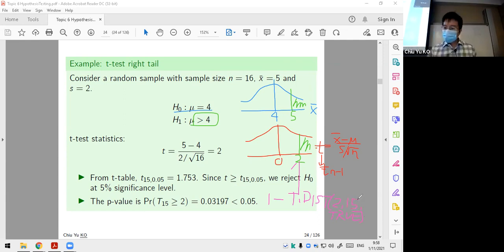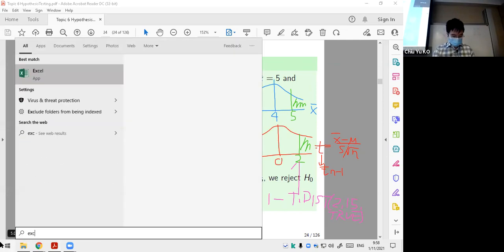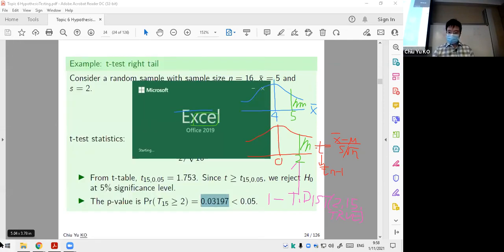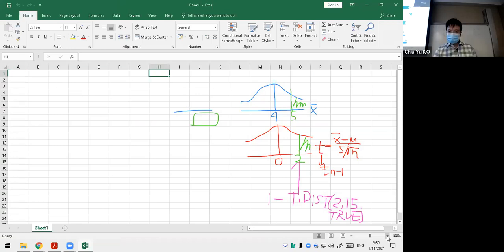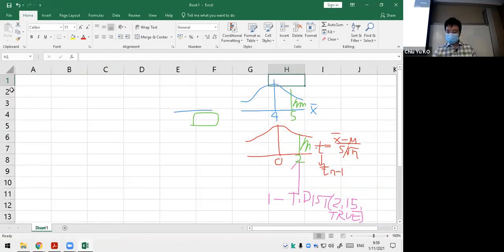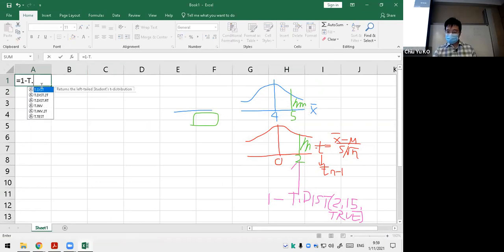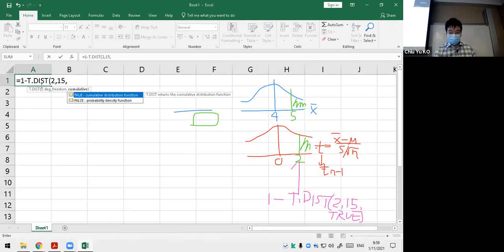Let me open the Excel to show you that this will give you the last area. One minus T dist 2, 15.